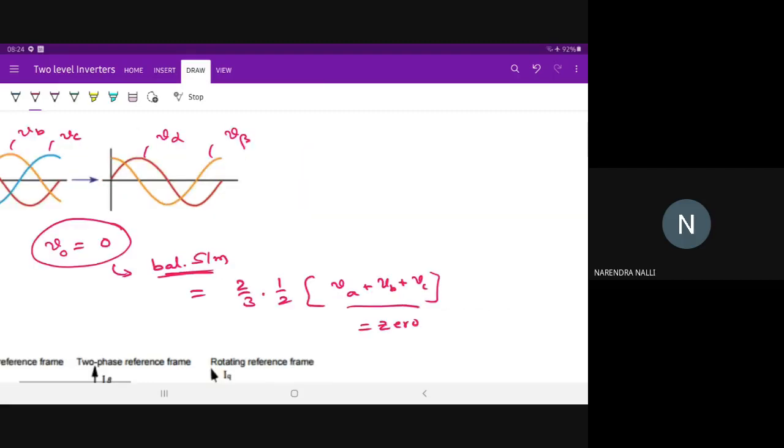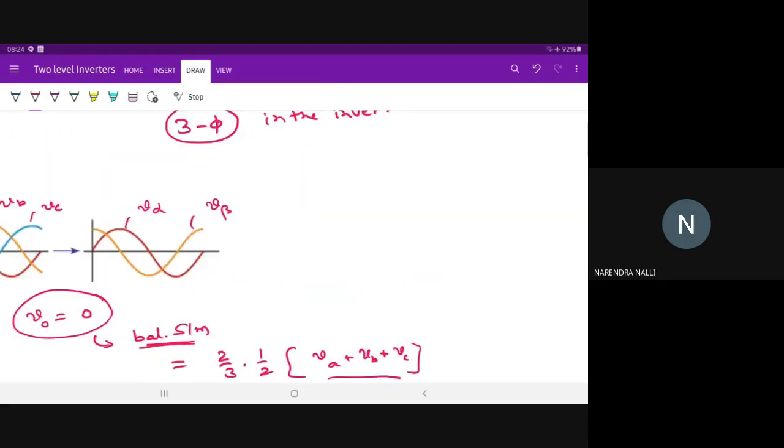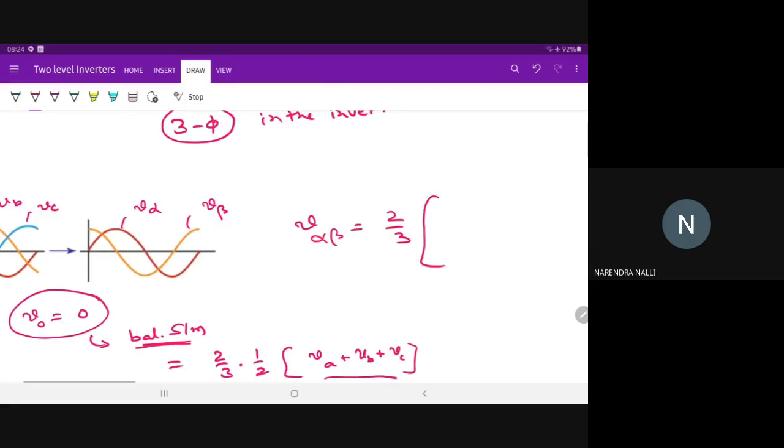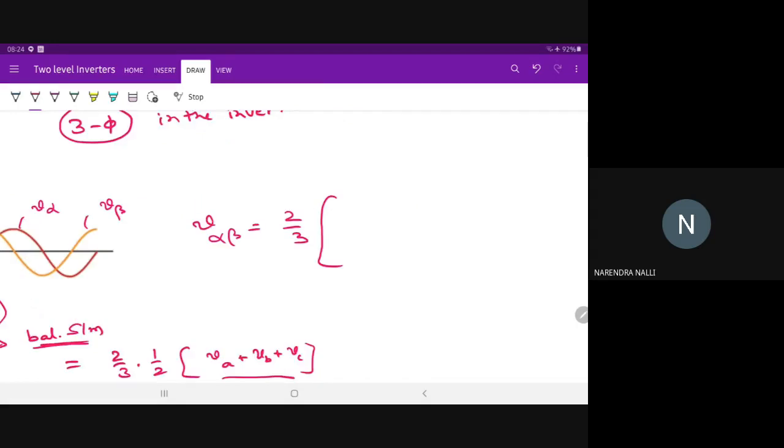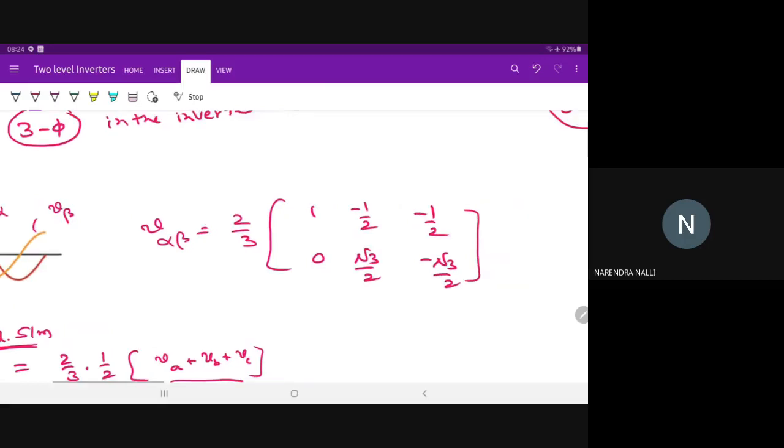So therefore, this matrix can be reduced like this: V alpha beta equals 2 by 3 times the matrix with rows 1, minus 1 by 2, minus 1 by 2, and 0, root 3 by 2, minus root 3 by 2, multiplied by the matrix VA, VB, VC. So therefore here you have the matrix V alpha, V beta.